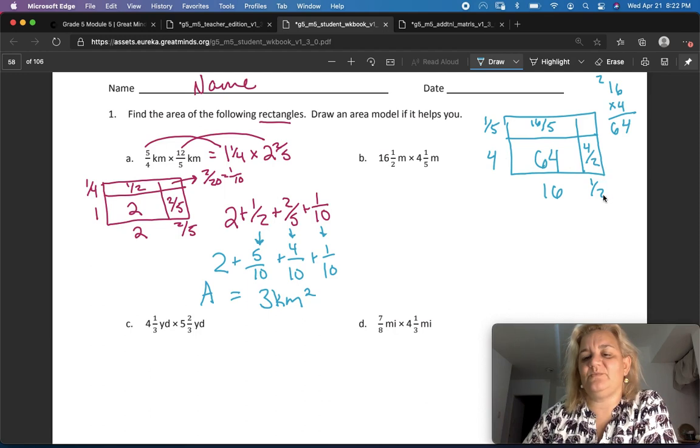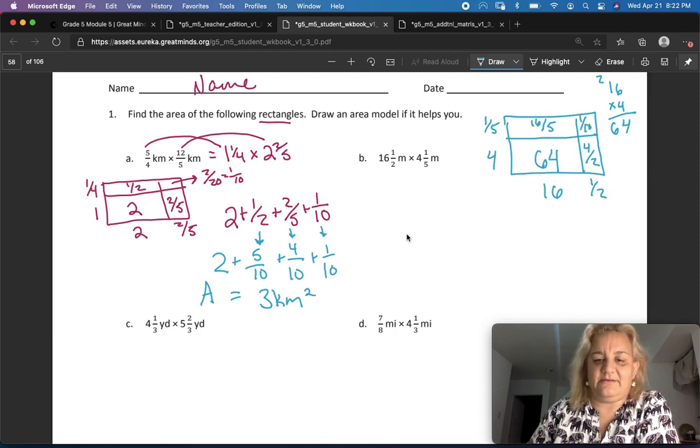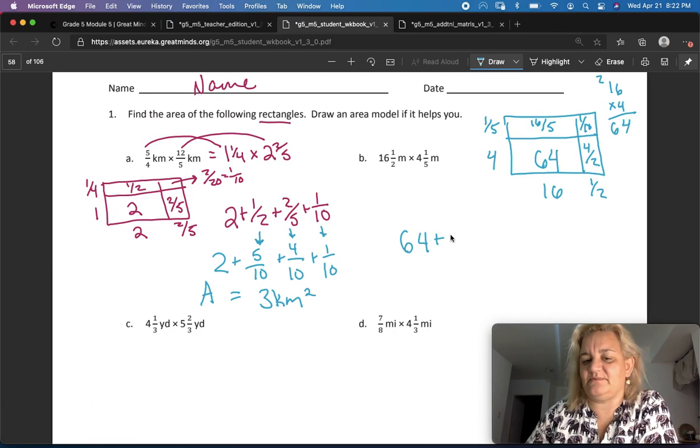And 1/5 times 1/2 is 1/10. Now, 64 plus, and 4 halves is 2, so I'm just going to add that right there. And 16 fifths is 3 and 1/5. And then here I've got 1/10.